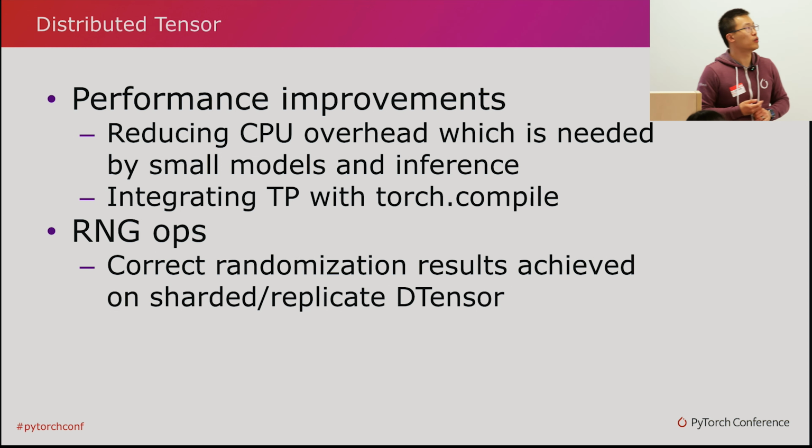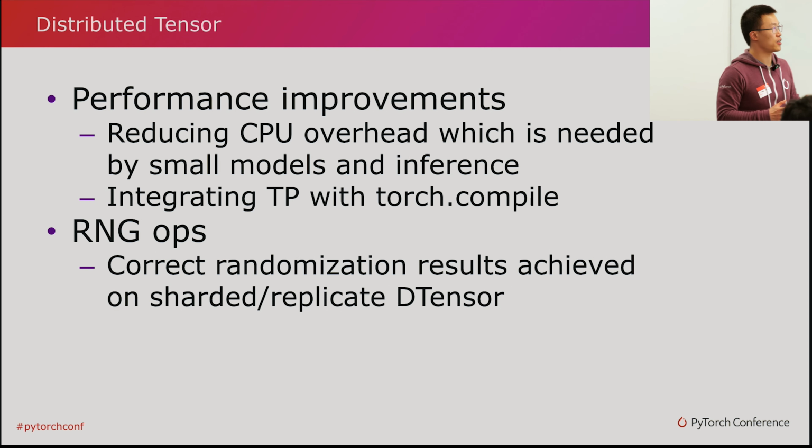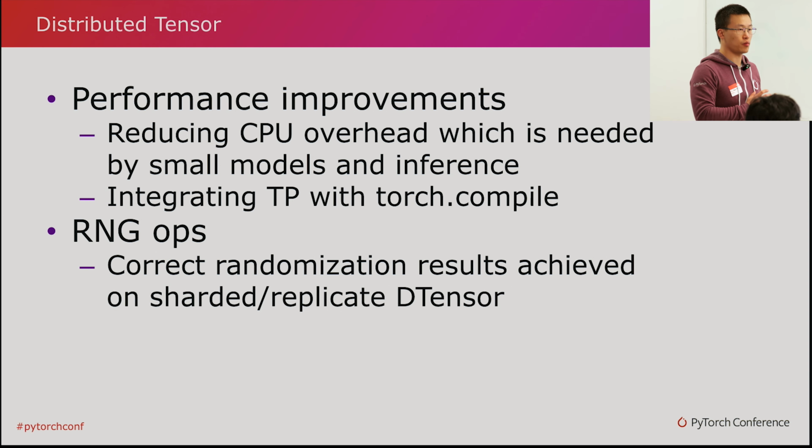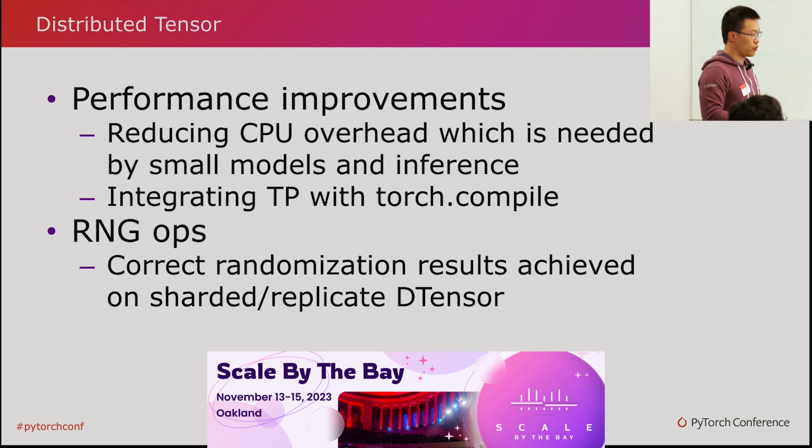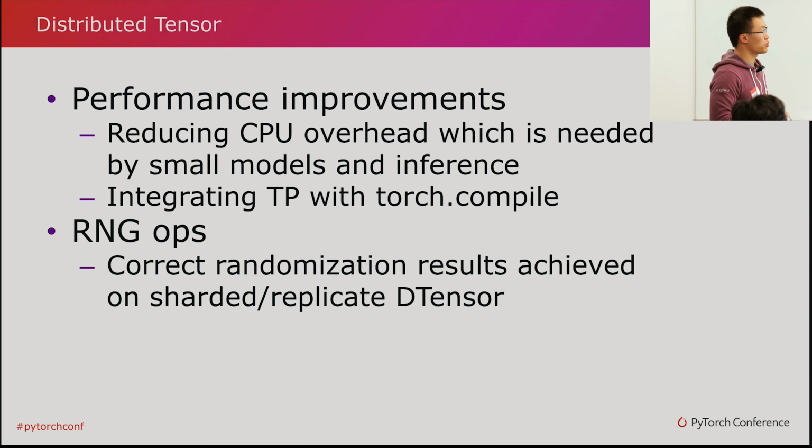Okay, another thing I want to mention here is that we have noticed some performance gap in distributed tensor, and we also have some new features for distributed tensor. For performance, because distributed tensor is using tensor subclass, it comes with some CPU overhead. So we try to reduce the CPU overhead as much as possible.